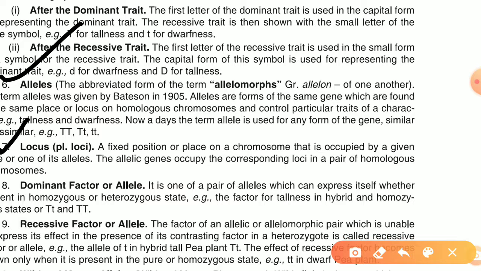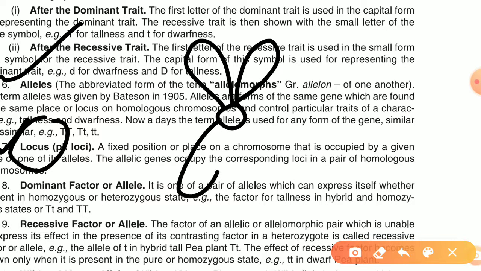Now the next important term is locus. What does locus mean? As you know that gene is a segment of chromosome. Suppose I have drawn a chromosome. On the chromosome there are present a large number of genes. Means one chromosome carries a lot of genes. Clear?